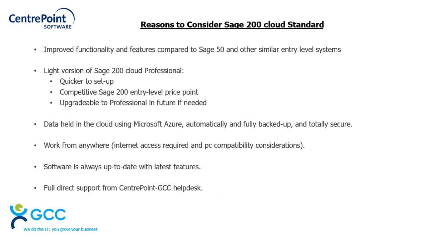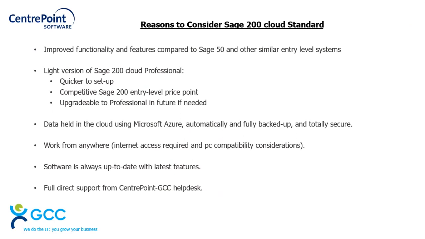Sage 200 Cloud Standard is the next step up from Sage 50. There's nothing in between. Sage Professional then goes higher, and we can go higher still. So if you're a Sage 50 user and there are things you need slightly more than Sage 50 would provide, Sage 200 Cloud Standard would typically be the next place to assess.